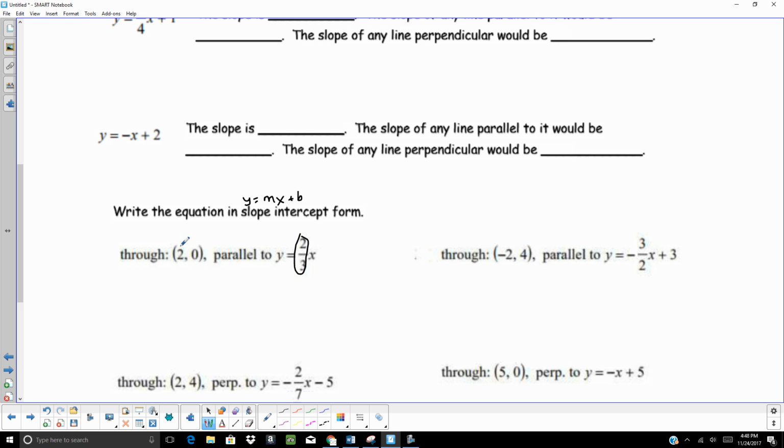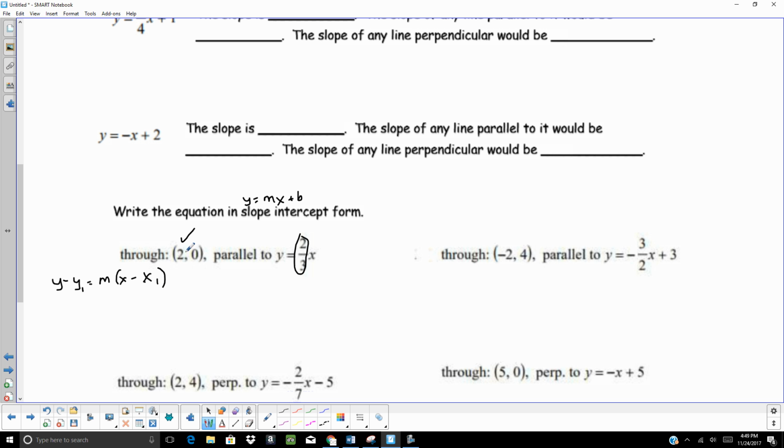So there is my point and my slope. I'm going to start with point-slope form. Y minus y sub 1 equals m times x minus x sub 1. And I know to use that one because they're giving me a point and a slope.